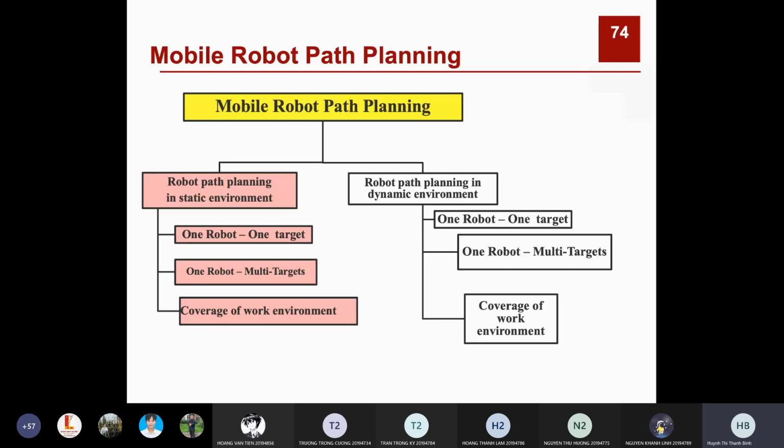There are two types of environment. The first is robot path planning in a static environment, and the second is robot path planning in a dynamic environment. And we have one robot to one target, and one robot to multiple tasks in a complex environment. So here are three types of problems for mobile robot task planning.